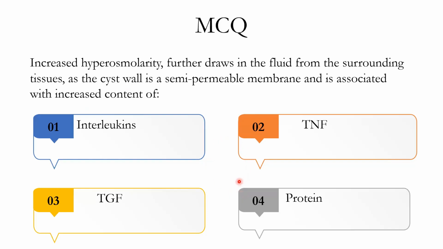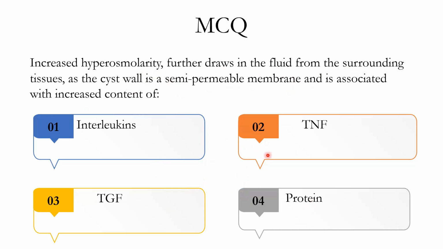So the MCQ for today is: increased hyperosmolarity further draws in the fluid from the surrounding tissue, as the cyst wall is a semi-permeable membrane, and is associated with the increased content of which one of these? Is it interleukin? Is it tumor necrosis factor? Is it transforming growth factor? Or is it protein?